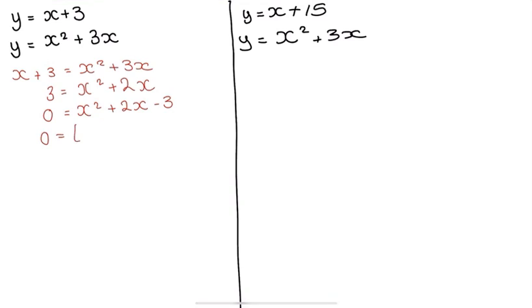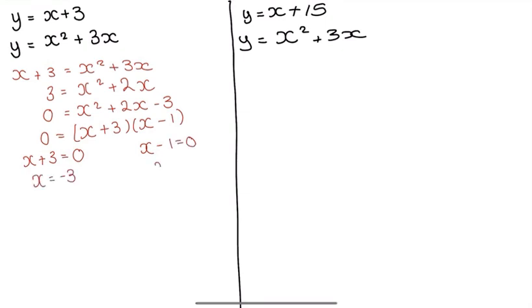So that means in our brackets, we're going to get x plus 3 and x minus 1. Now to solve this, we set both brackets equal to 0. So I'm going to have x plus 3 equals 0 and x minus 1 equals 0. Therefore, x must equal minus 3, or x could equal 1.